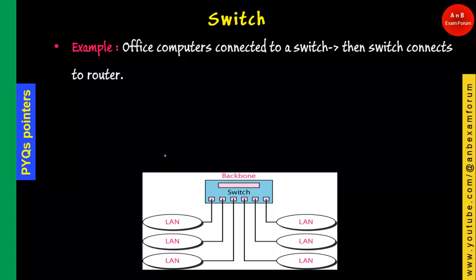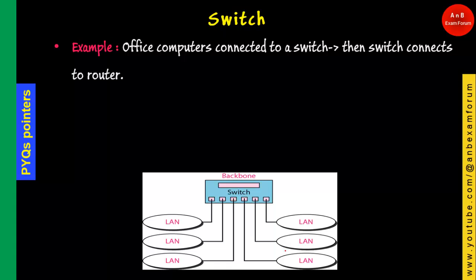It is the switch. As I told you, it is similar to the bridge, it is also going to connect LANs, but the primary difference is the number of ports. A switch will have multiple ports, whereas a bridge has 2 or a maximum of 4 ports. So a switch is going to use many ports, and it is used to connect multiple LANs, not just 1 or 2 LANs.